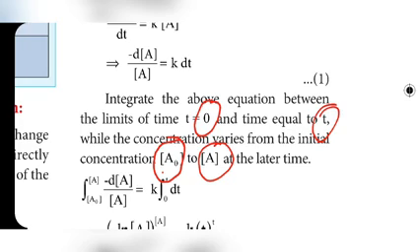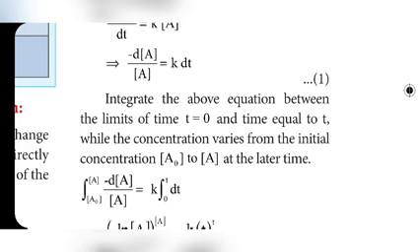Initially how much reactant we have taken is called the initial concentration of reactant A, represented as A0. At a particular time t, the concentration of A is represented by A.